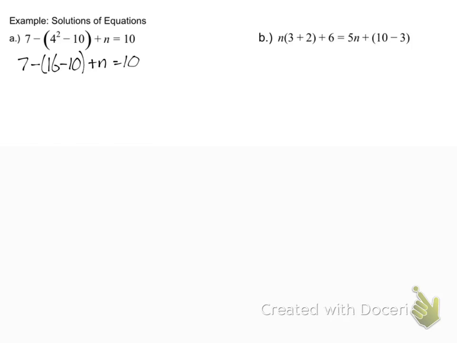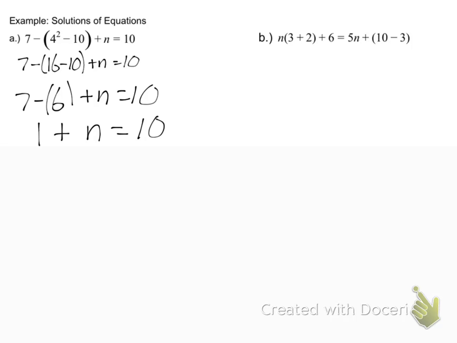I think everybody should agree, not have an issue. And then next would be 16 minus 10 to get 6. So minus 6, I can leave parentheses if I want, plus n equals 10. Now, all addition, subtraction, work from left to right. 7 minus 6 plus n equals 10.